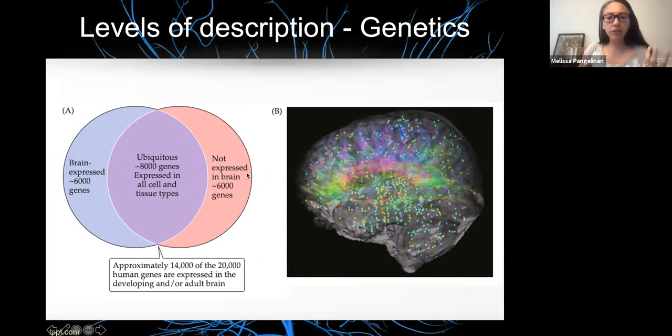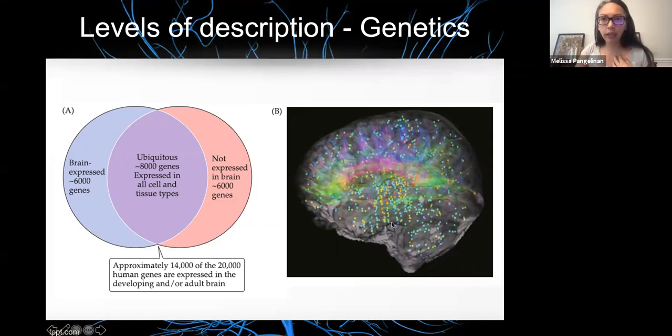And then we see a bunch of genes that are really unique to the brain, and unique to the way in which the brain cells function and the way in which the proteins are expressed, the way that they're important for synaptic transmission, which is really unique to the brain. So this Venn diagram shows the overlap in terms of different types of genes, how they're expressed and where they're expressed.